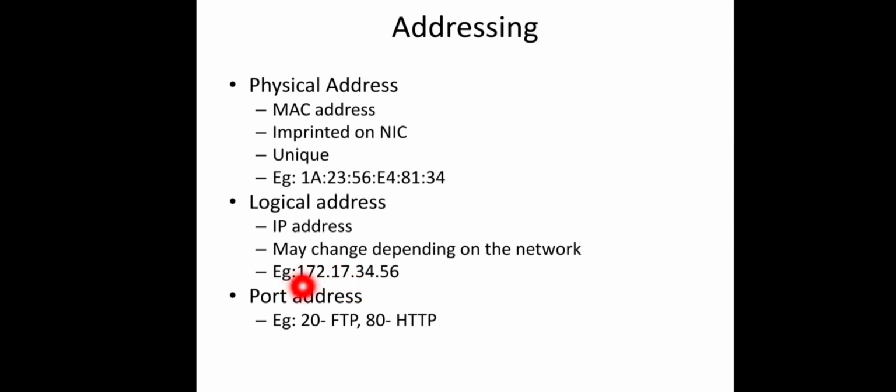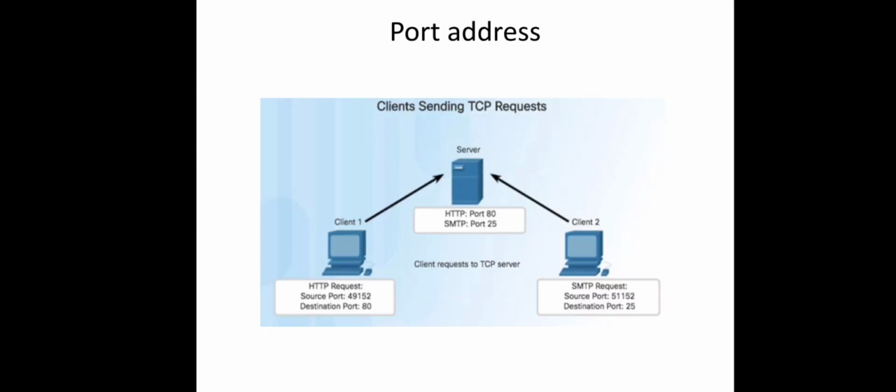Other than these 2, we have a third address, the port address. Why do we need a third address? If you think about communication between 2 machines, it is actually not between two systems but between two different processes.